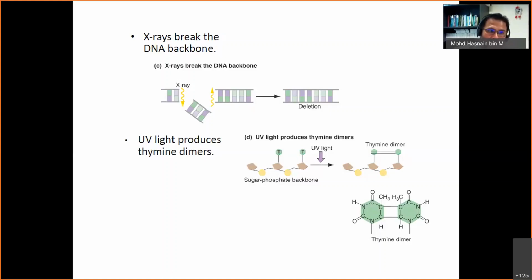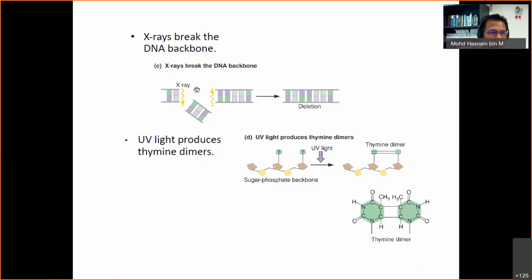But when we mention X-ray over here, there are different strengths of the X-ray itself. Okay, so certain strong X-rays can cause a break in the DNA. This is the backbone of the DNA, which is the phosphate and sugar backbone. Okay, when that happens, it can cause deletion.